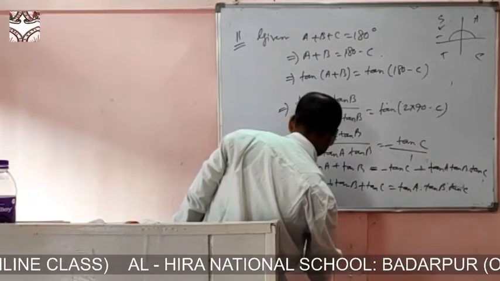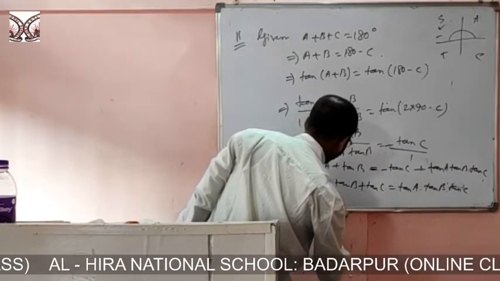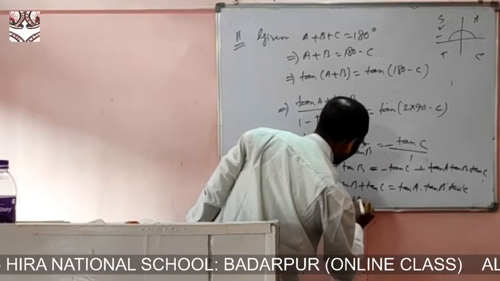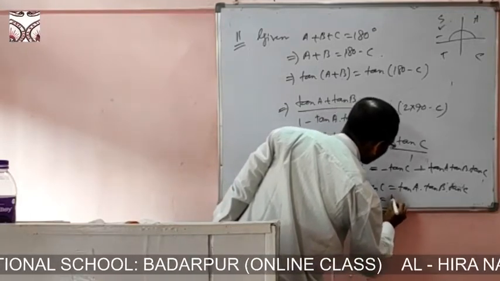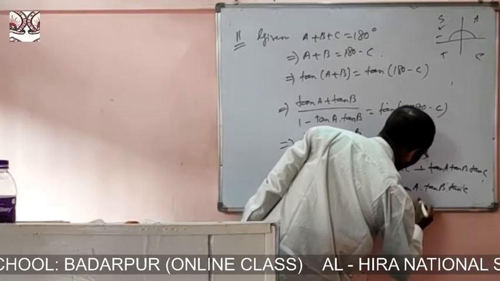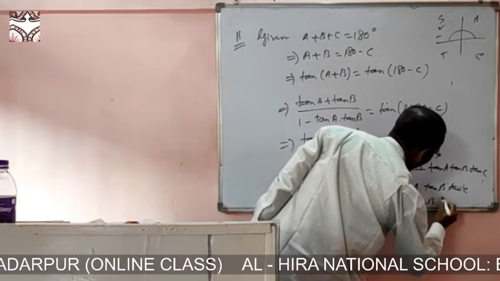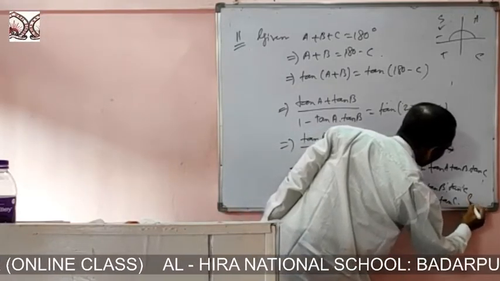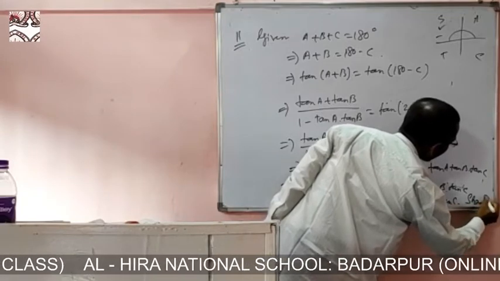So there we get tan a + tan b + tan c is equal to tan a into tan b into tan c. Sure. This is very simple.